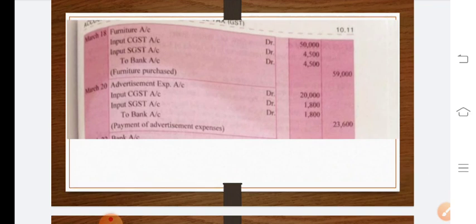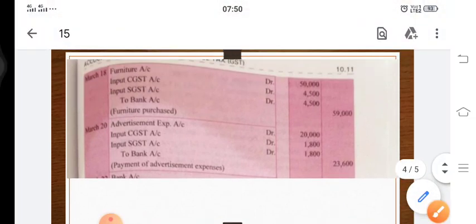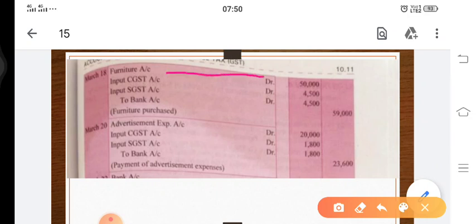Since we have received furniture, being real when coming into the business, it has to be debited. So we have debited furniture account with 50,000. At the same time, furniture purchased, so we'll have to pay input CGST and input SGST, which means GST.